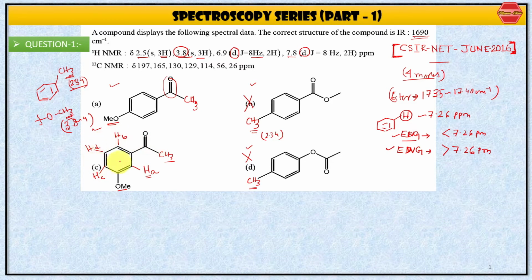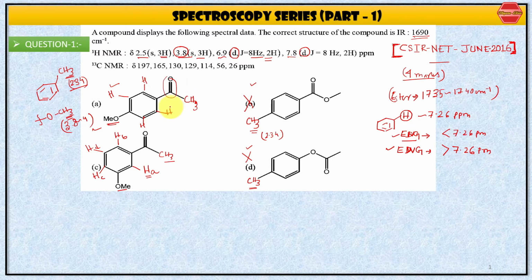So the proton values are different in all the cases, but you have been given the 6.9 value only for two hydrogens. So which hydrogens are they? Here is one hydrogen and here is another hydrogen, and here is one hydrogen and here is another hydrogen. Now these two hydrogens are attached to this electron withdrawing group, so they will show values around 7.8 because it is higher than 7.26, the general aromatic proton value.